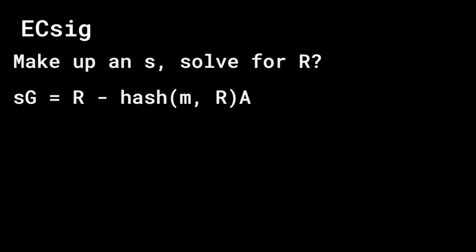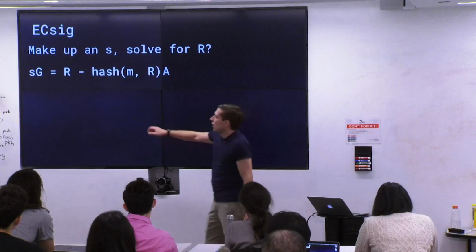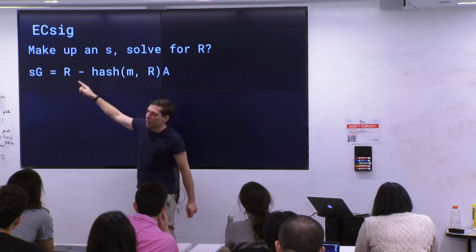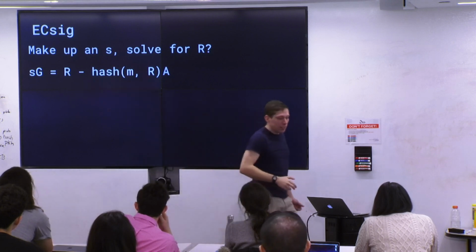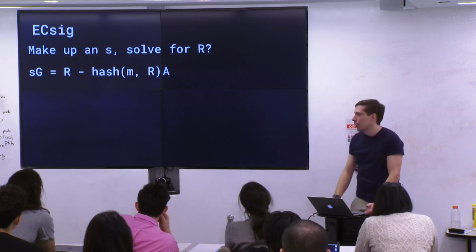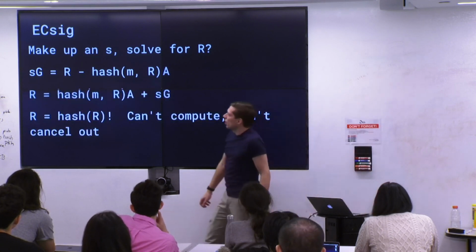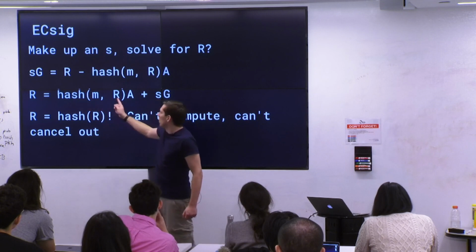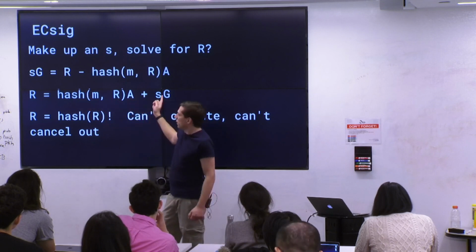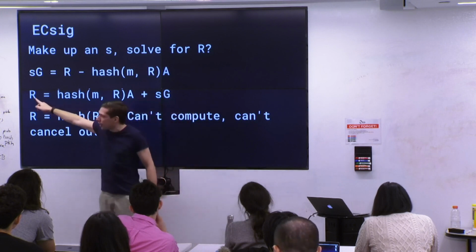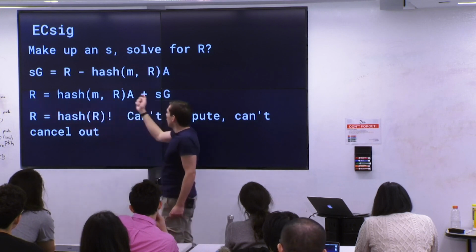The basic problem is if I make up an S and solve for R, I can say, well, I know what R is, but R is in the hash function as well. It's the one-wayness of the hash function that actually breaks this. So let me solve for R. Well, R is the hash of M and R times A plus S times G. If I can come up with a valid R here, I can do this.